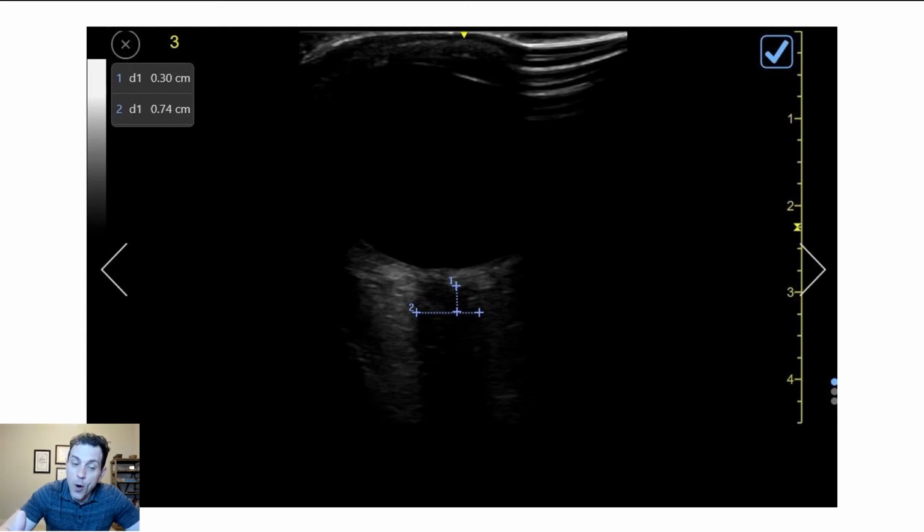However, I want to note that this was actually done in the outpatient clinic setting in an individual that happened to have inflammation of their optic nerve. So it's really important to put the global picture together when you take these measurements. It's not just taking the measurement and taking that as such. You need to put the whole picture into clinical play here.